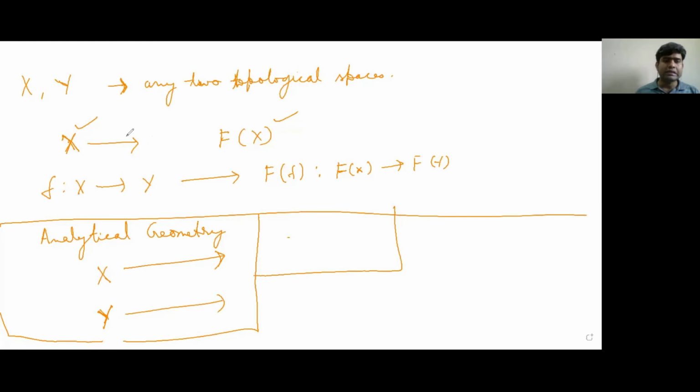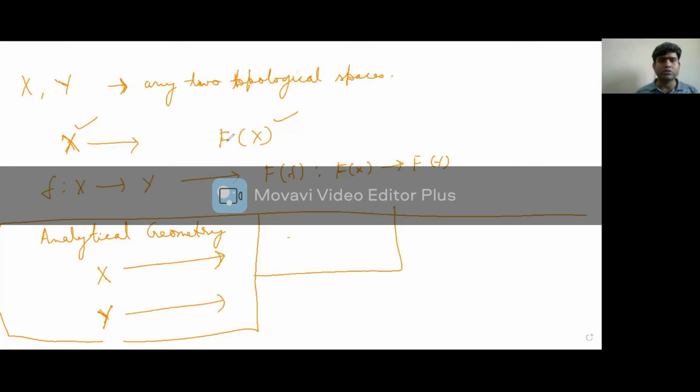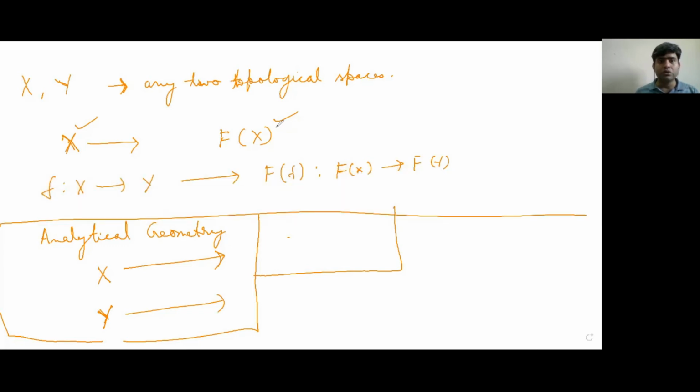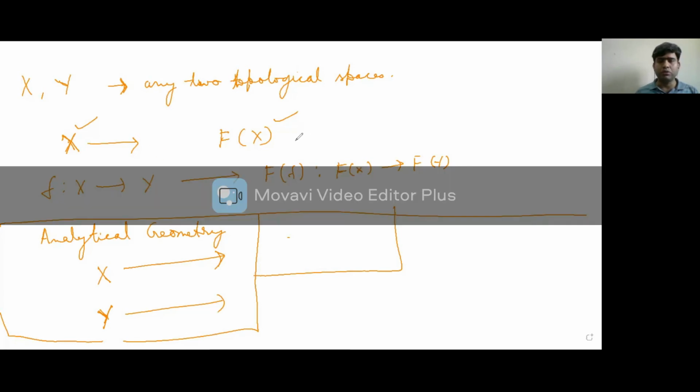I said that there are many ways of associating x to f(x). One way is the homotopy group or fundamental group; the fundamental group is a kind of homotopy group. Another is the homology group. Given any topological space, you associate a homology group. Categories and functors.